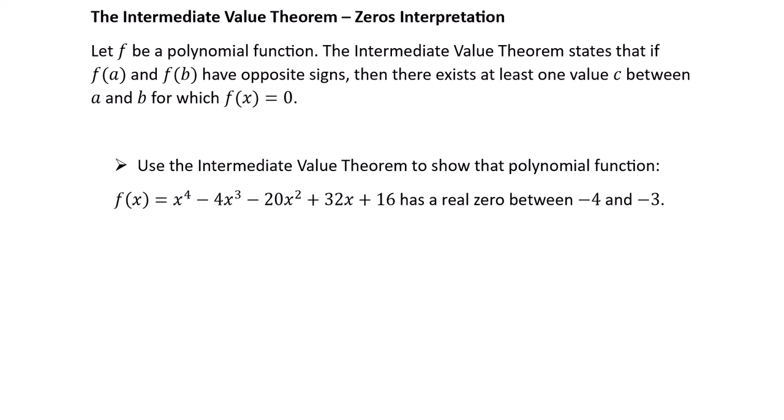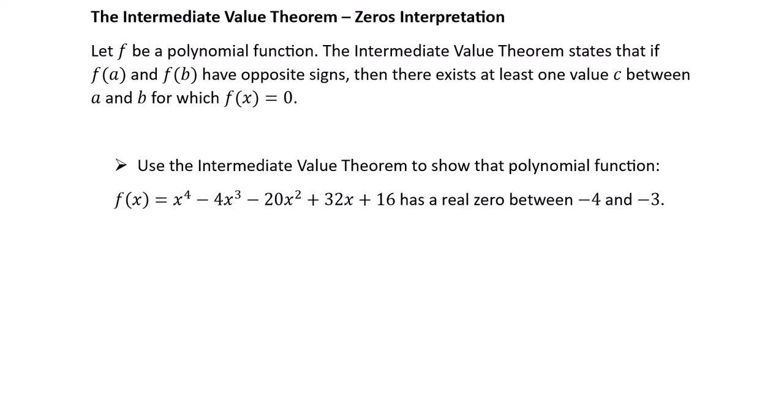Formally stated here, the intermediate value theorem, which is the zeros interpretation here: let f be a polynomial function. The intermediate value theorem states that if f of a and f of b have opposite signs, then there exists at least one value c between a and b for which f of x equals 0.